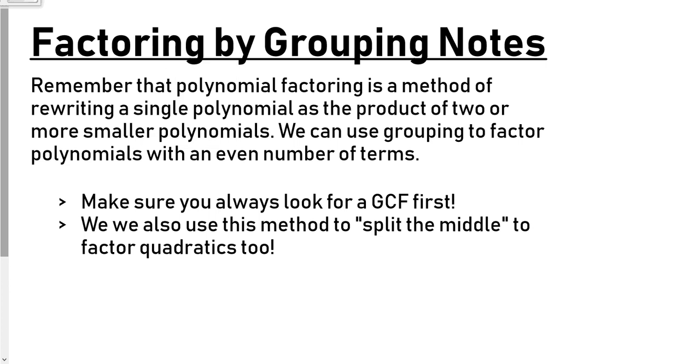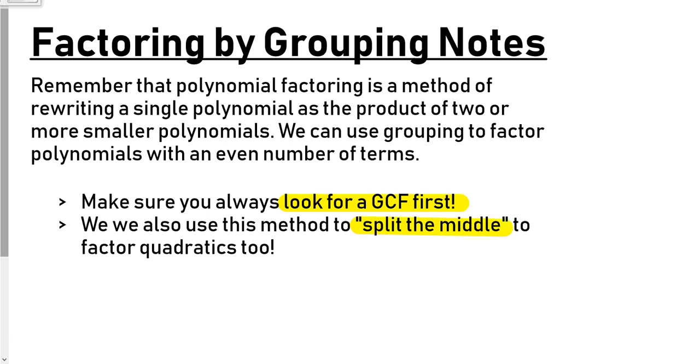A couple of important things to remember. First off, we always have to look for a GCF before you really get started with the problem, especially now that things are starting to get larger. When we do this method of factoring, called grouping, with a quadratic trinomial, I call that split the middle.